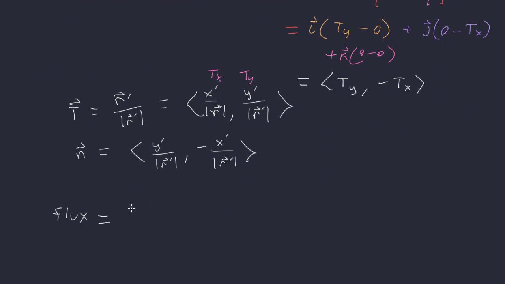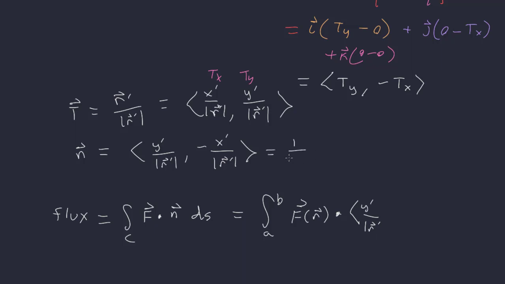The flux, which was the integral over c of f dot n ds, ends up being the integral from a to b of f of r dotted with y prime over the magnitude of r prime. So let's actually factor that out just to make that a little easier. It's 1 over the magnitude of r prime times the vector y prime comma negative x prime.